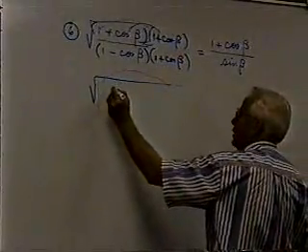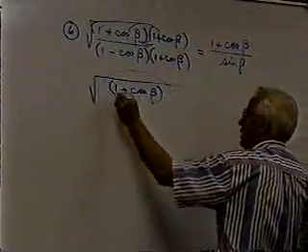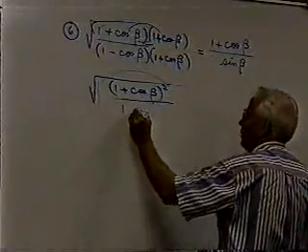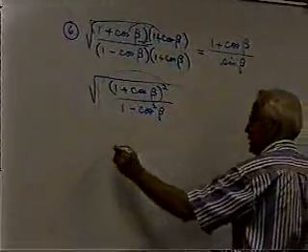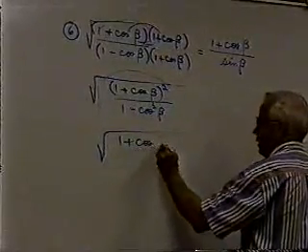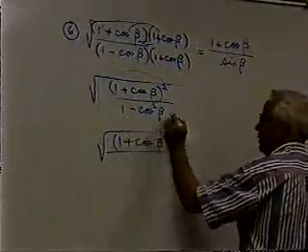All right, so multiplying the top, then we have 1 plus cosine of beta in parenthesis squared, and 1 minus cosine squared. And again, taking an extra step here, this is 1 plus cosine of beta squared. And what is 1 minus cosine squared?